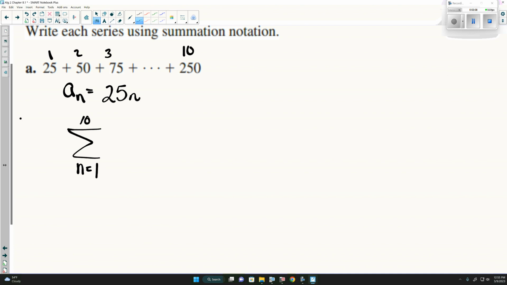The 10th. And we put our rule next to it, 25n. And that's how we would write a summation notation for a finite series. Questions on this here?